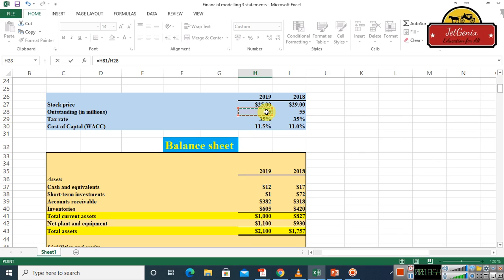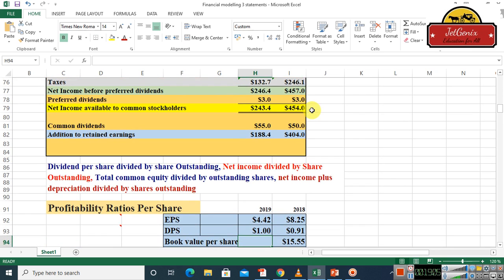Here I would like to say something about this 55. Why am I scrolling up every time and clicking here rather than just typing the 55?